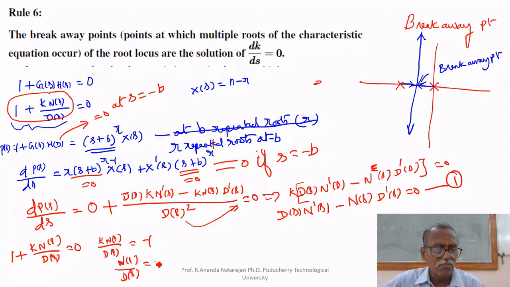Or this implies k equal to minus d of s upon n of s. Am I correct or not? K can be found.